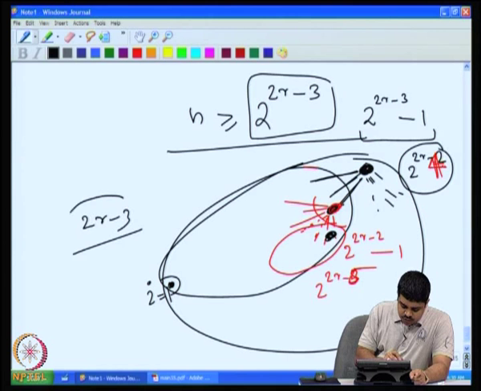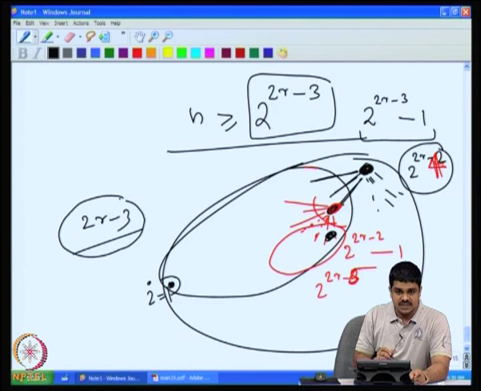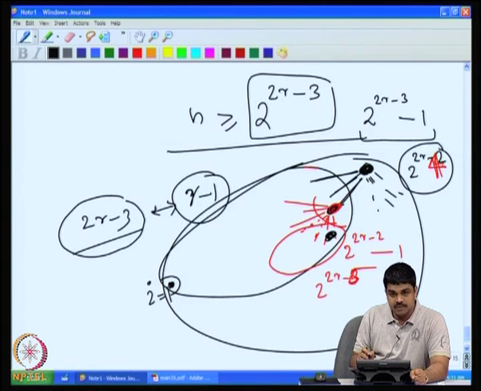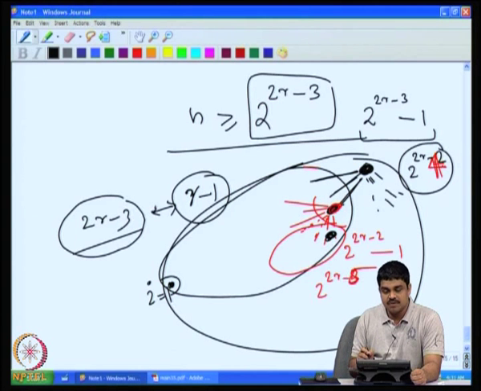So, since we have 2r minus 3 such vertices, it is clear that at least r minus 1 of them should be of the same category. When do I say the same category?